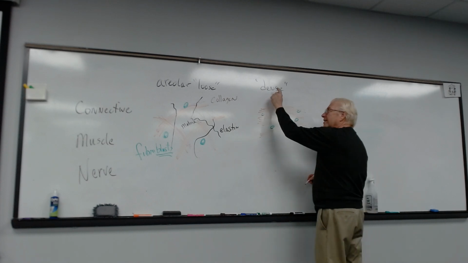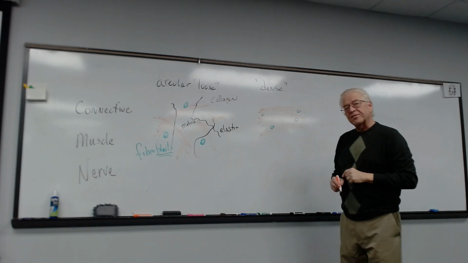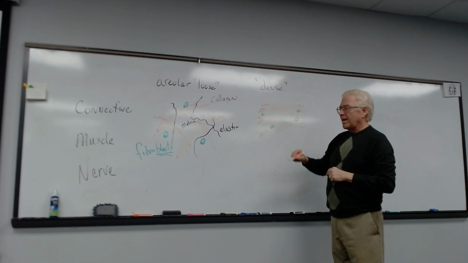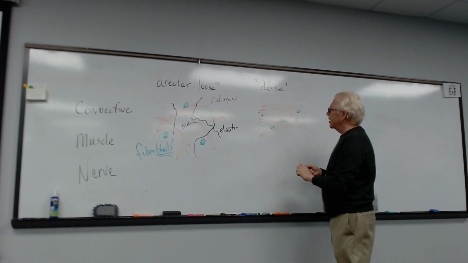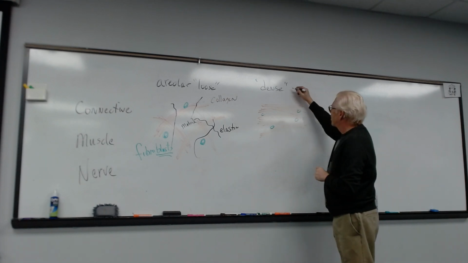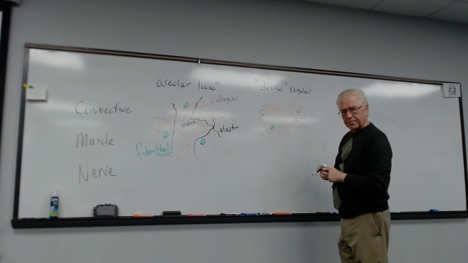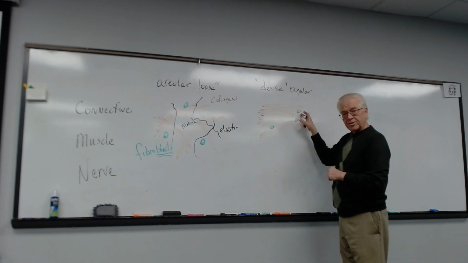You don't. That's why it's dense. Okay? Now, notice, are all these fibers going in the same direction? Yeah, they are kind of. Not perfectly, but kind of in one direction. So they have a special name. They're called dense regular connective tissue. And what does dense regular connective mean? They're all going in the same direction.